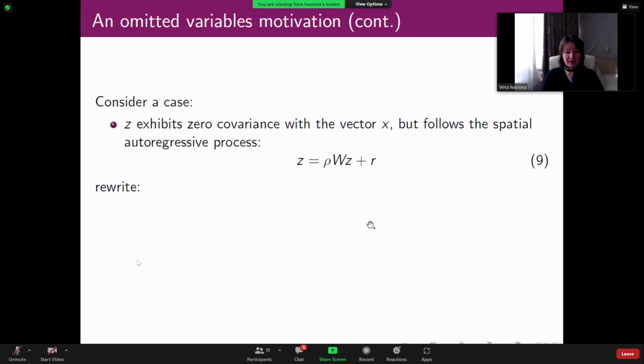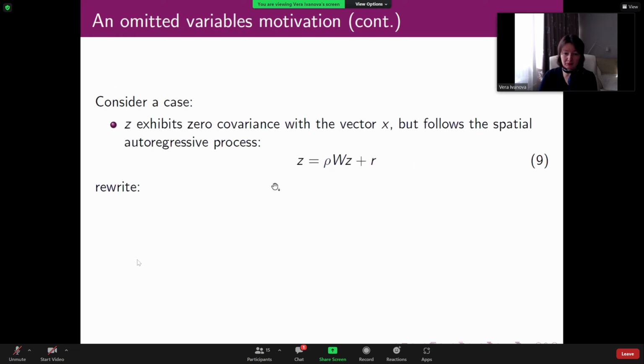Consider a case that Z exhibits zero covariance with the vector X, but follows the spatial autoregressive model. That is, the omitted variable is spatially autocorrelated.